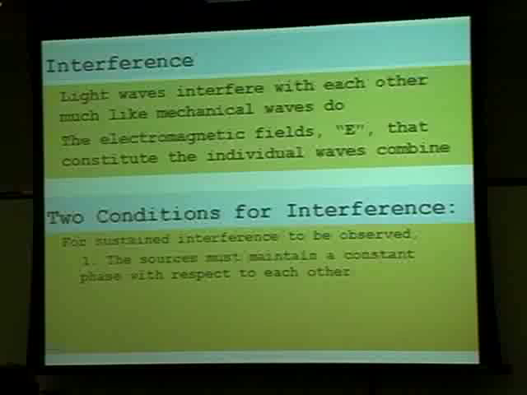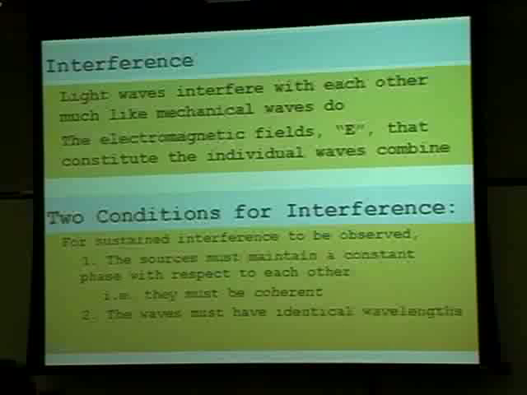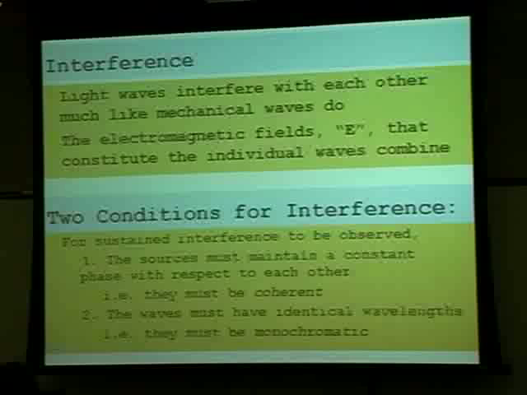If they're out of phase, then all bets are off. Hence, we would say that they must be coherent. If they're in phase, they're coherent. And the waves must have identical wavelengths, which means they must be monochromatic. So we want the 2 sources to be coherent and monochromatic.